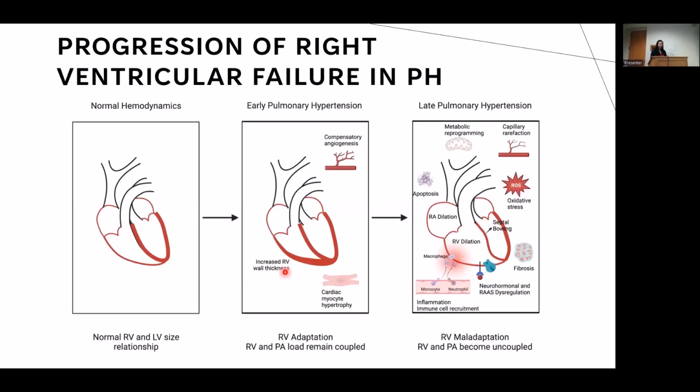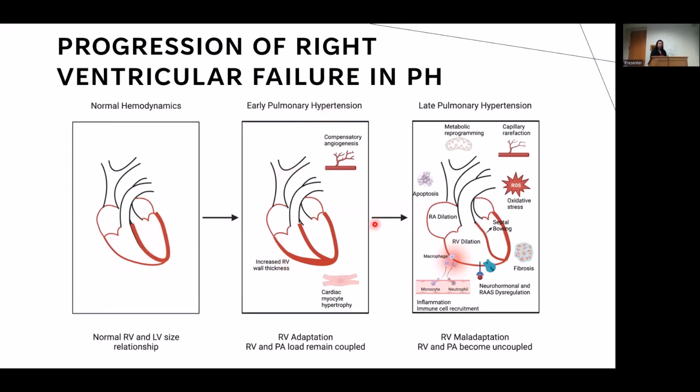And the progression of right ventricular failure in pulmonary hypertension, from what we understand, is that in a normal state of hemodynamics, the RV is normally a smaller, thinner walled structure compared to the LV, which is a bigger size and wall thickness.